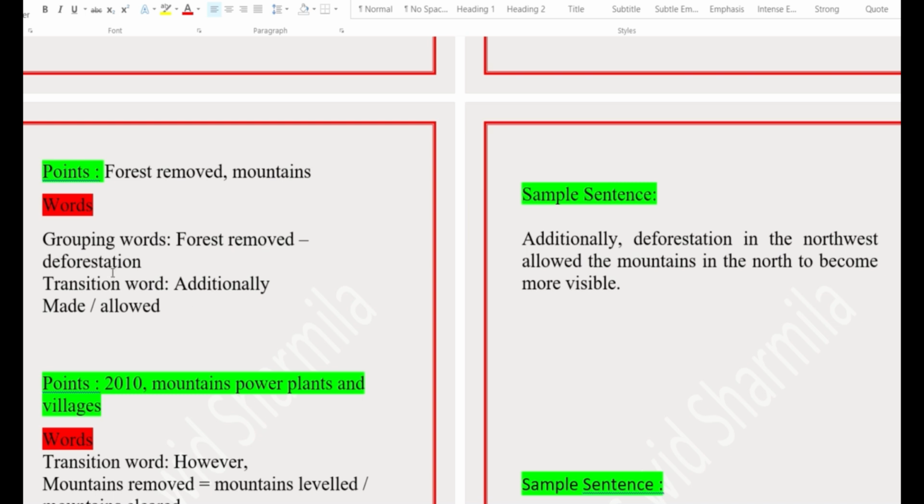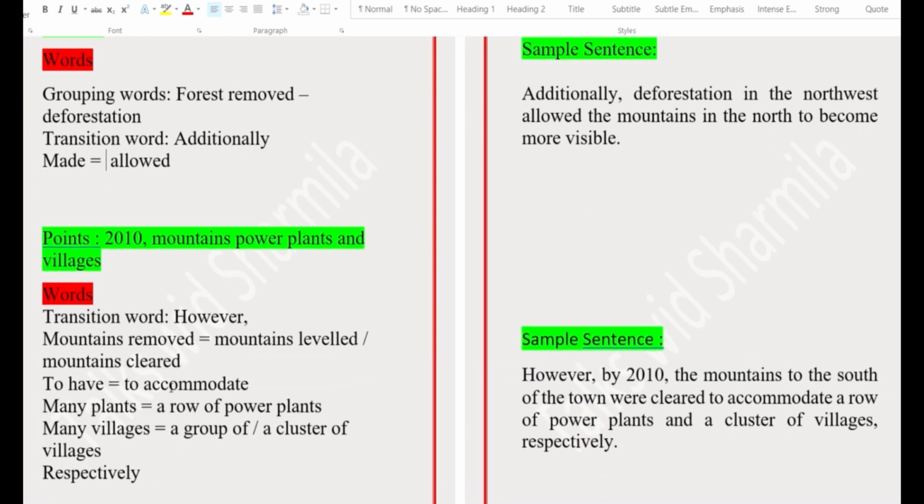Now, points: we are talking about the year 2010, the mountains, the power plants and the villages. For that the transition word is "however." Instead of saying "mountains removed," use the words "mountains leveled" or "mountains cleared."